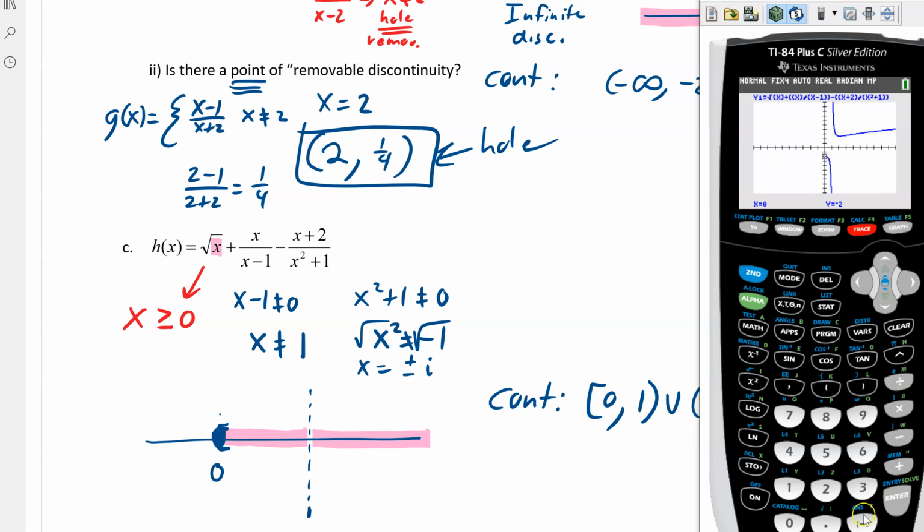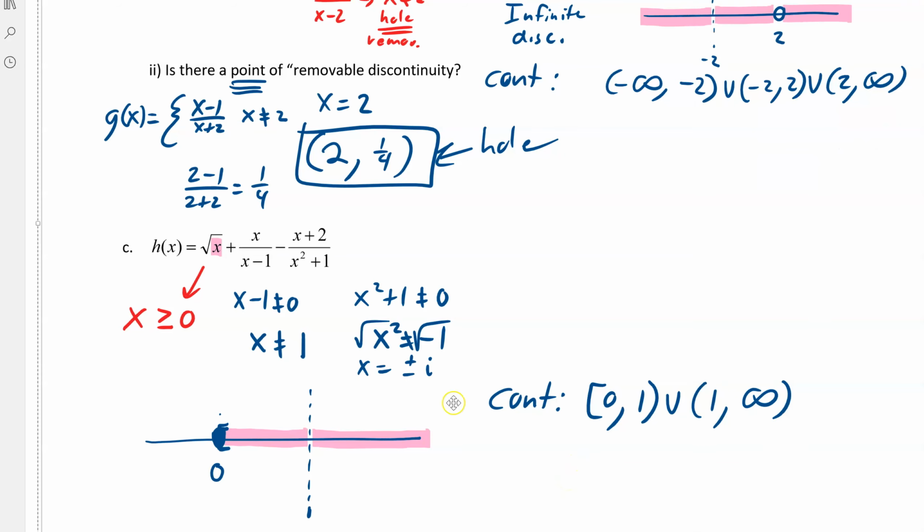So if I hit trace negative 1, nothing comes out. It doesn't give me any values until I get to 0. And then once past 0, I've got values. And then it goes down to negative infinity, up to positive infinity. So at 1, we have that vertical asymptote. So it is continuous from 0 to 1 and from 1 to infinity. And that's our points of continuity.